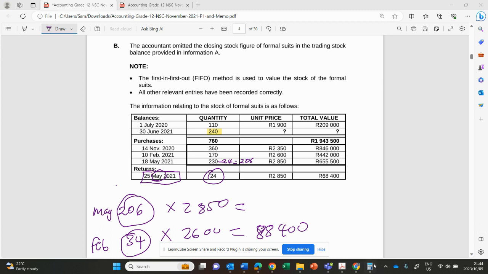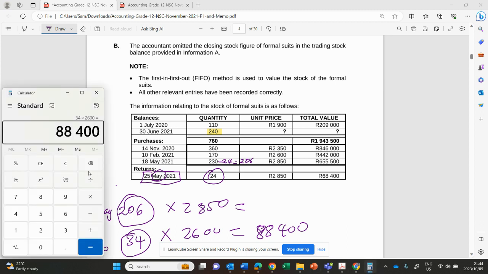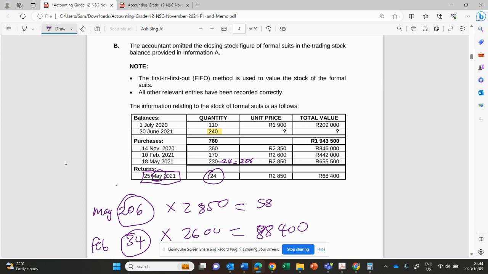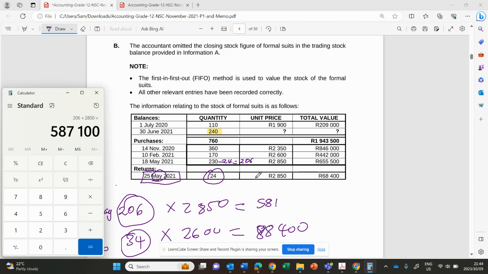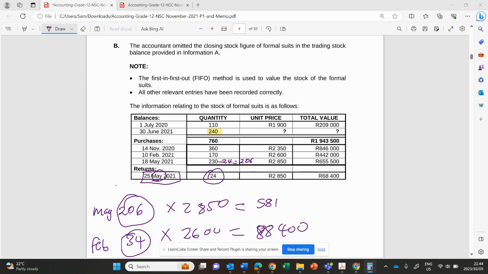Then 206 times 2.850 gives you 587 100. That's your closing stock.